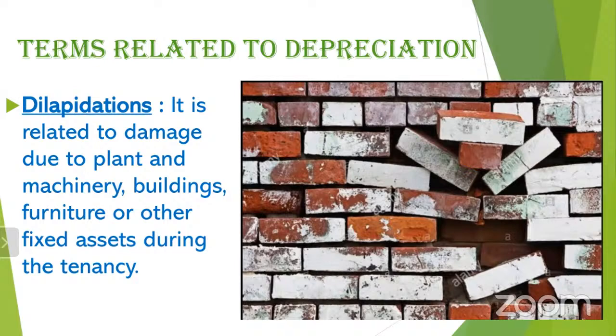Next word is dilapidations. It is related to damage to plant and machinery, buildings, furniture, or other fixed assets during the tenancy. The owner is entitled to demand that the asset must be returned to him in good condition, as it was, after the expiry of the lease period.